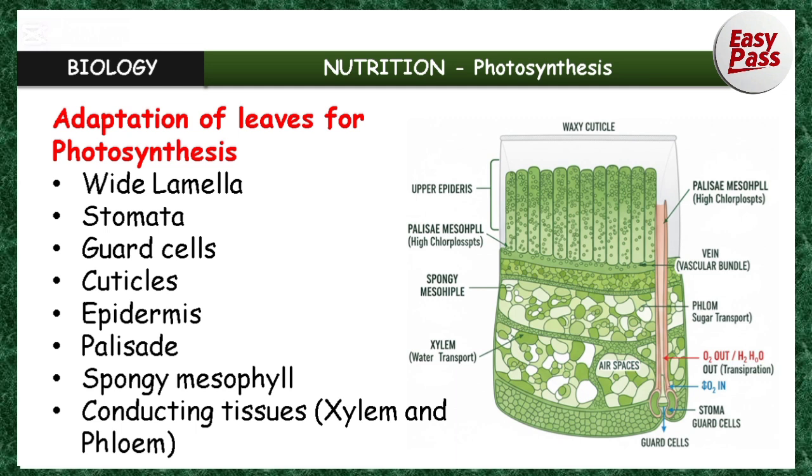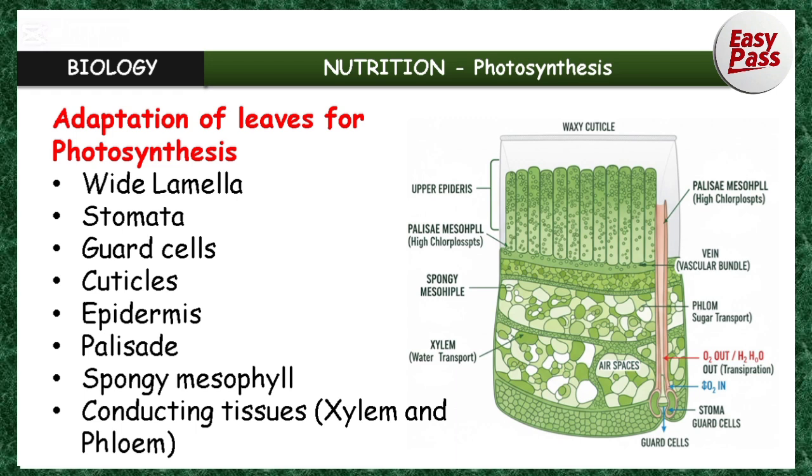The fourth one is the cuticle. Cuticle is a thin layer on the surface of the epidermis, protecting the leaf from mechanical damage and also infection. Then the fifth part of the leaf, which I want us to also note, is the epidermis.